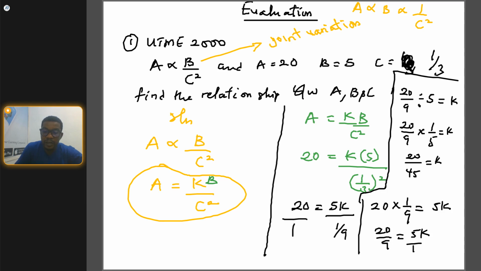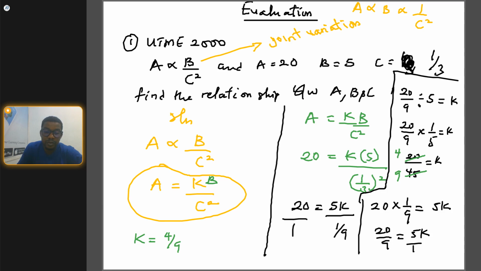Now we need to reduce 20 over 45 to the lowest term: divide by 5, we have 4 over 9. So K is equal to 4 over 9.